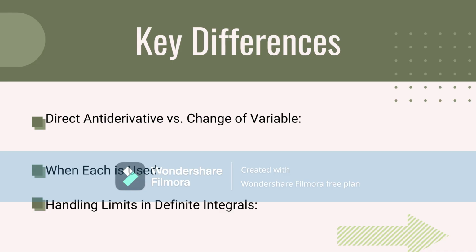With substitution, you must either change the limits to match the new variable u, or substitute back into the original variable before applying the limits. These differences highlight that while both methods ultimately compute the same area under the curve, substitution can greatly simplify the process when the integrand structure suggests a natural change of variable.